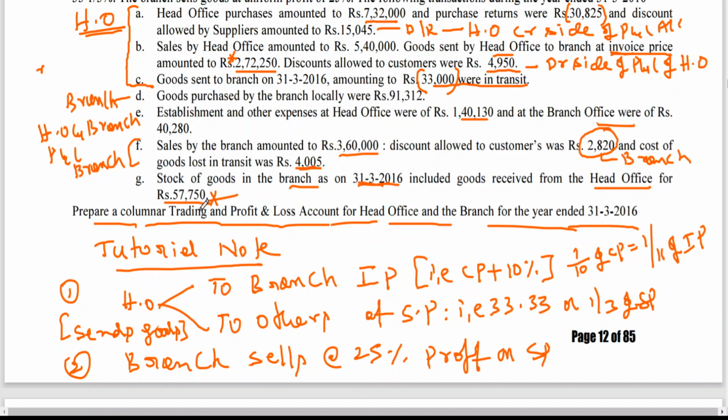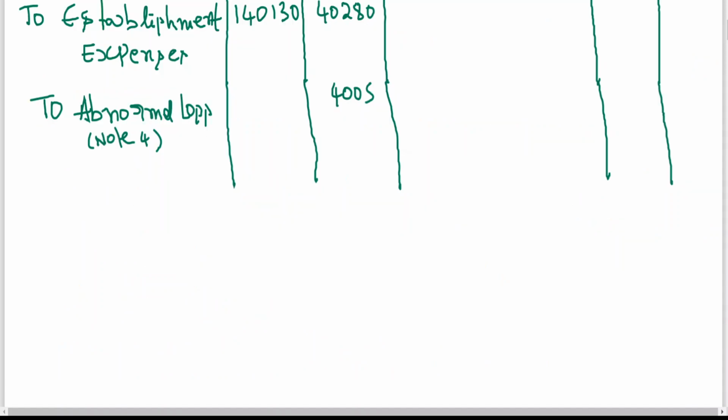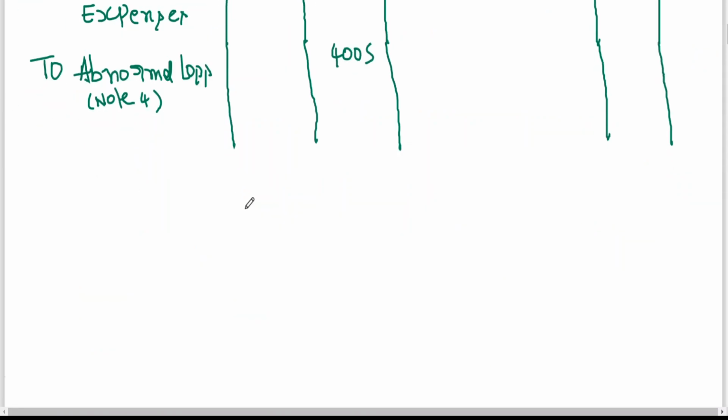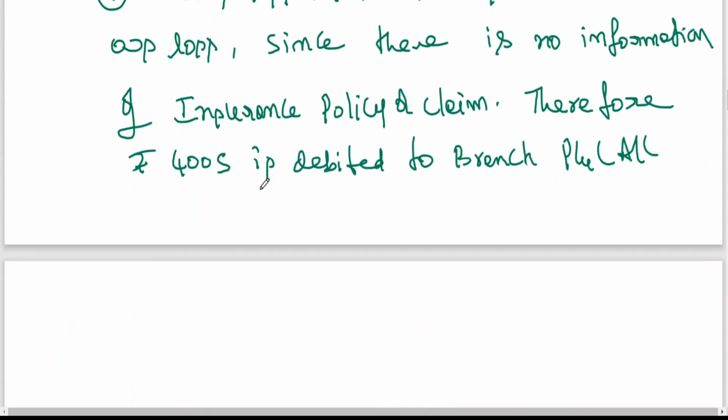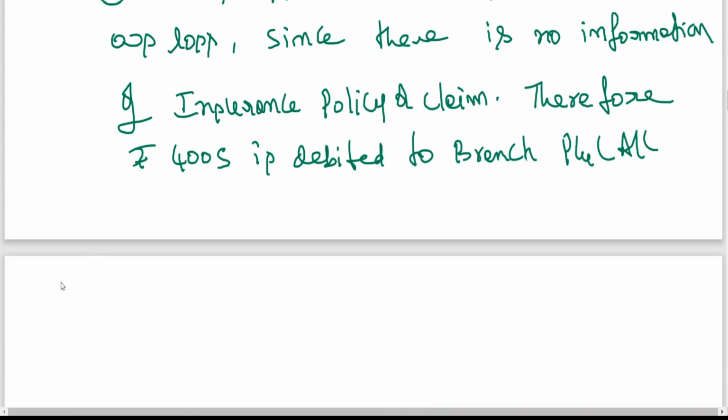So closing stock is 57,750, which is pertaining to stock transferred from head office. This is what is called unrealized profit. Next, point number 5, unrealized profit.